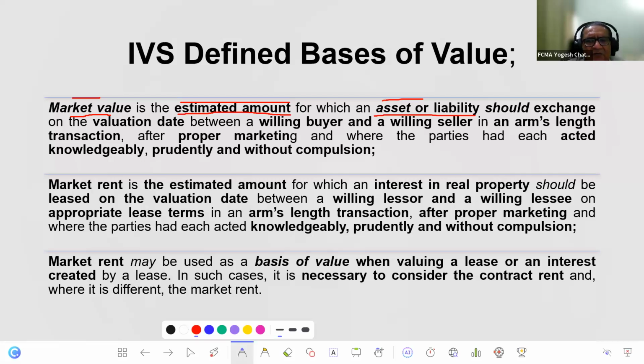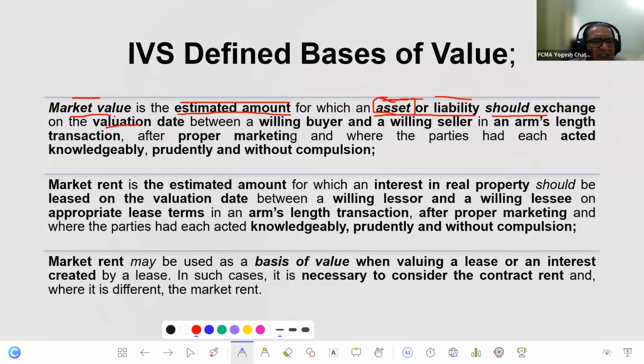But in terms of valuation, the terminology asset will include either a single asset, or multiple assets, or multiple assets and multiple liabilities, or the entire business enterprise, business interest. Whatever name we may call it, that is known as the asset. So asset or liability should exchange on the valuation date.